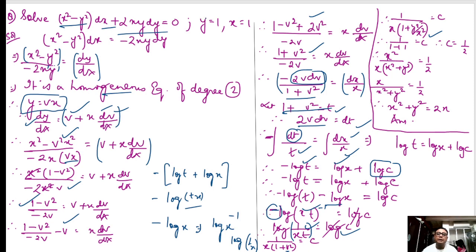Now what we are doing is calculating the value of c. If x is 1, y is 1, so we put the values x equal to 1 and y equal to 1. That gives you the value of c as half. Now replace the value of c in this equation.